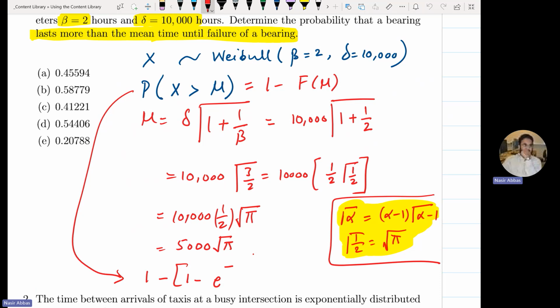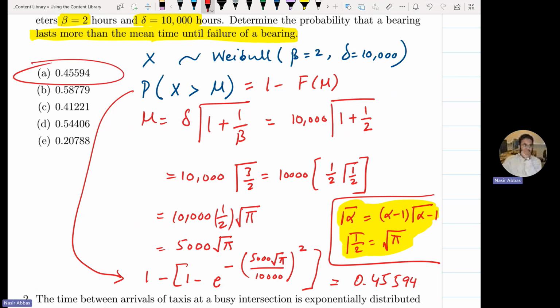So here is my x, over here is my delta to the power, what is my beta? 2. Solve this on calculator and you will get 0.45594, which corresponds to option A.